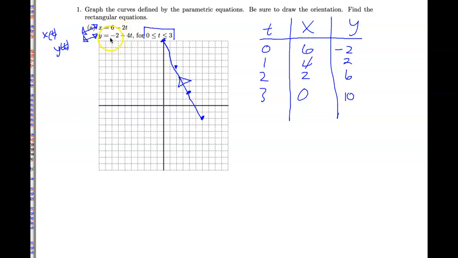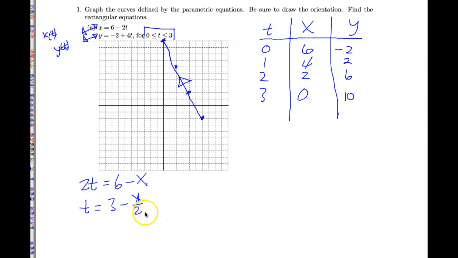Since these are both linear, we might as well write y as a function of x, which means we want to solve for t in x and plug that into the t for y. So let's add 2t and then subtract x. So 2t is 6 minus x, and then divide both sides by 2. We'll get t equals 3 minus 1/2 x, or x over 2.